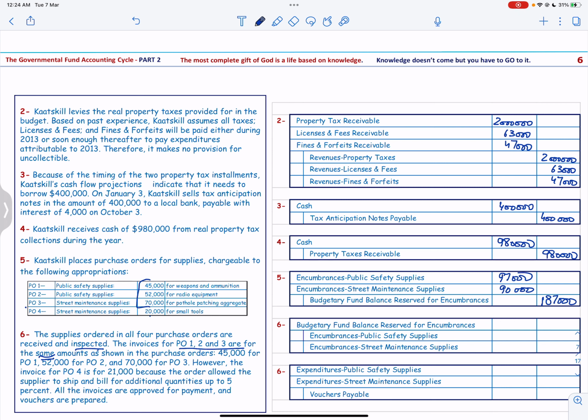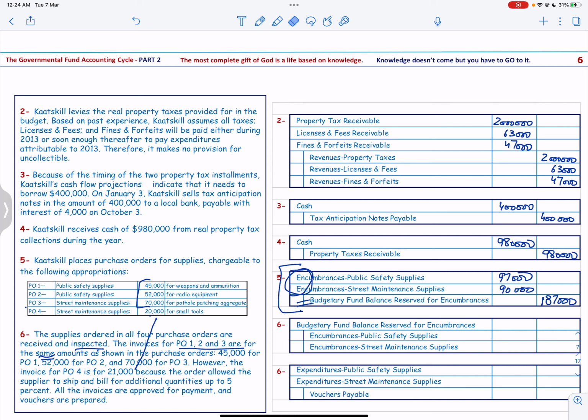However, the invoice for purchase order number 421 is because the order allowed the supplier to ship. Okay, so first of all, we have received the orders, so we are going to reverse the journal entry. So this budgetary entry is going to be reversed, and obviously now the budgetary fund balance will be debit and encumbrances are going to be credit.